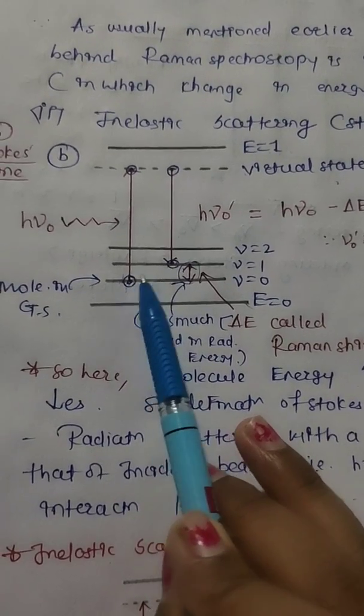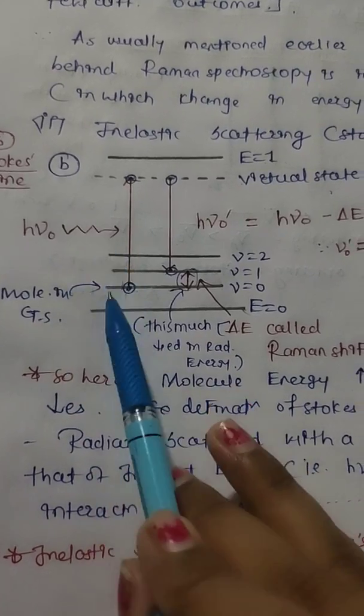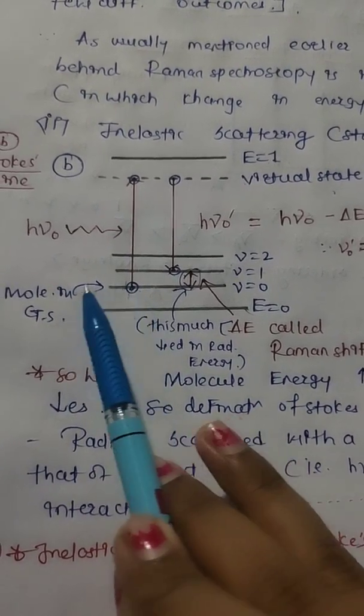When the molecule is in the ground state, the population is more, according to the Boltzmann distribution law. So in this case we start with the ground state.